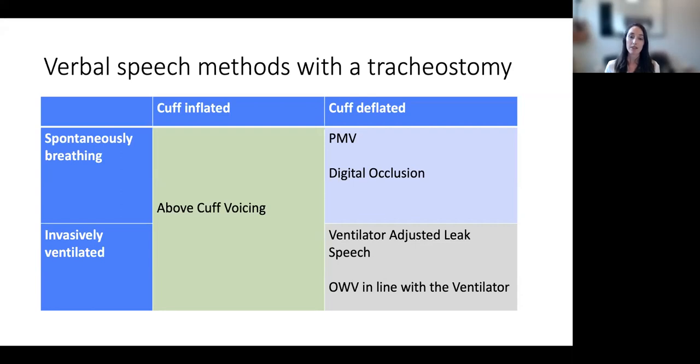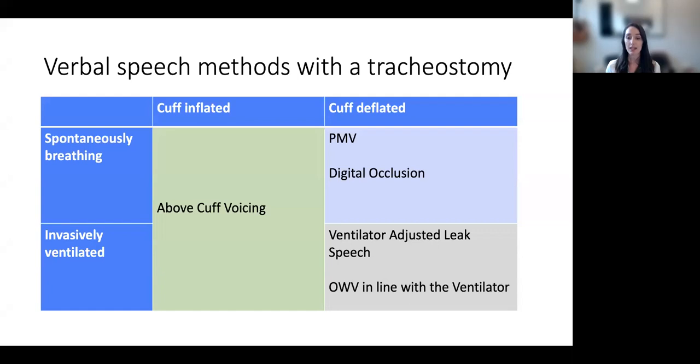Where we can tolerate cuff deflation and are able to breathe spontaneously, the speaking valve or digital occlusion could be used. Where the person requires invasive ventilation but can manage some periods of cuff deflation, the multidisciplinary team might consider ventilator-adjusted leak speech or placing a one-way valve in line with the ventilator.